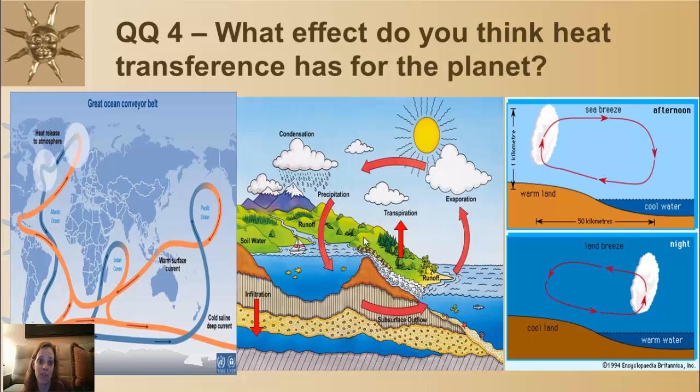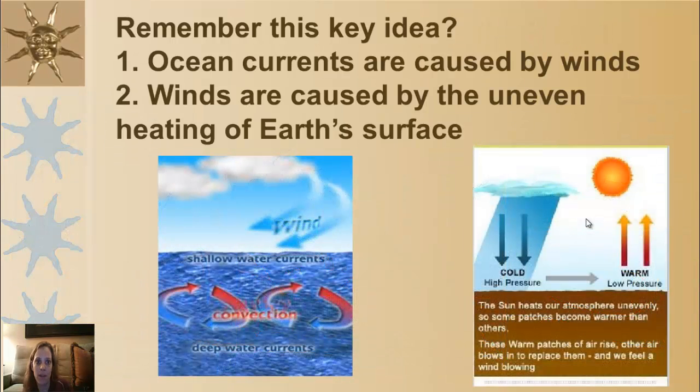And it also affects nutrient cycles like the water cycle, which we will talk about soon. Let's talk about ocean currents and winds, though. Remember this key idea from our Intro to Climate lecture? Ocean currents are caused by winds. Winds are caused by the uneven heating of Earth's surface.